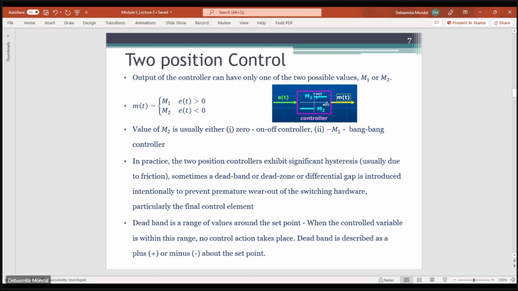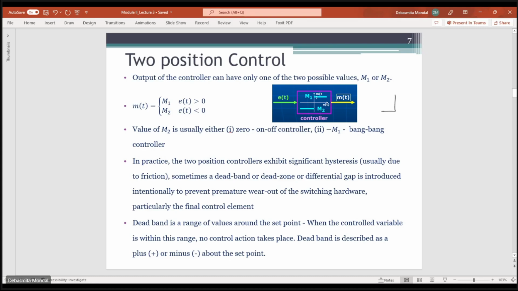And if the actuating error is less than 0, then it will shut down, so it will give a 0 output. 0 output means it will shut down the next stage. So here you see that there is no hysteresis. We are considering either 0 or 1. So immediately it will be either 0 or M1, depending on the error signal.